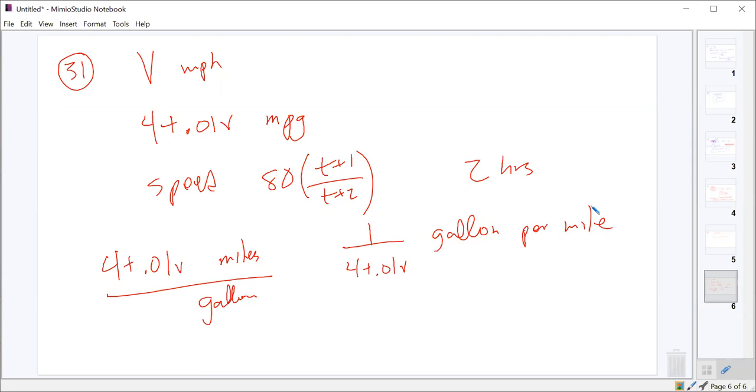And so if we have a value for gallons per mile, let's see if we can make these units work out nicely. Our speed, which is in miles per hour.